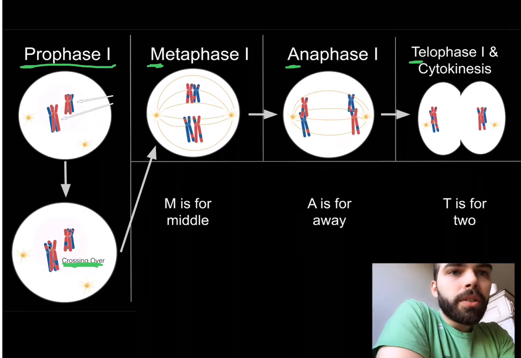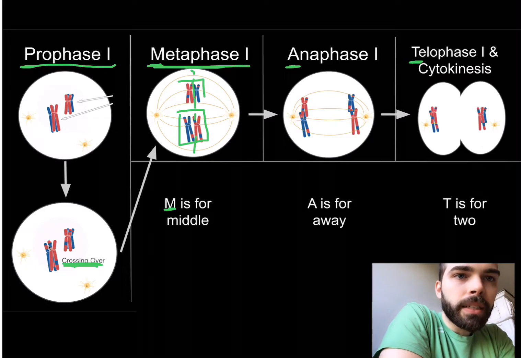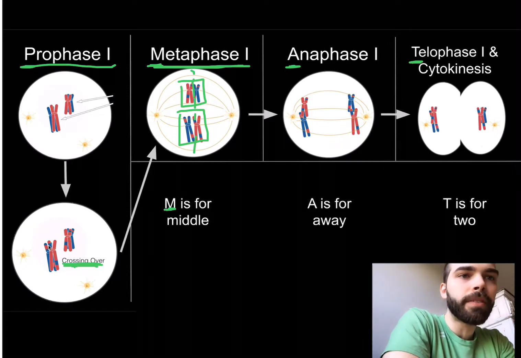Then that cell goes into metaphase. And remember, in metaphase, we say M is for middle because the chromosomes line up in the middle. So what is it that's lining up? It's homologous pairs. This is a homologous pair, and this is a homologous pair. They're similar in size, they're similar in shape. So the homologous pairs line up in the center of the cell, that's metaphase.